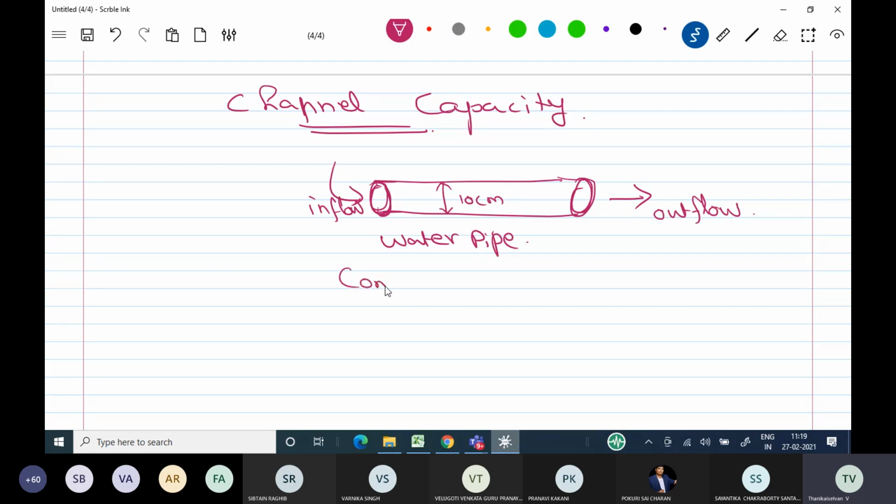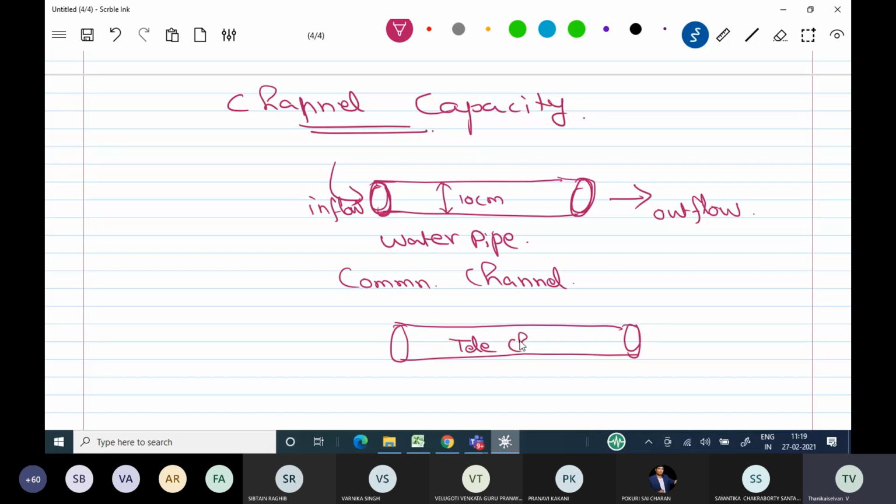our communication channels. Very simple concept actually. Communication channels are wired channels or wireless channels. One of the channels is the telephone channel. What is the bandwidth for the telephone channel? Anybody?